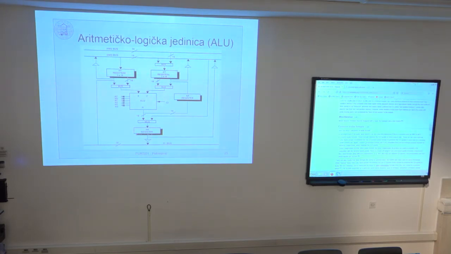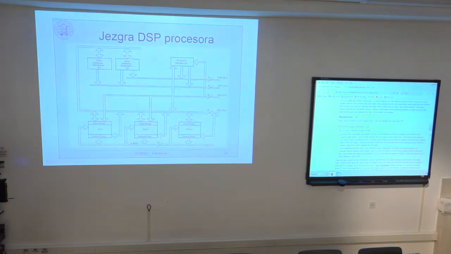And as an alternative to this left branch, I can also use the argument coming from the result bus. Result bus is connected internally to all of the three executional units. So output registers of ALU, output register of MEC, and output registers of shifter are all connected to this result bus.